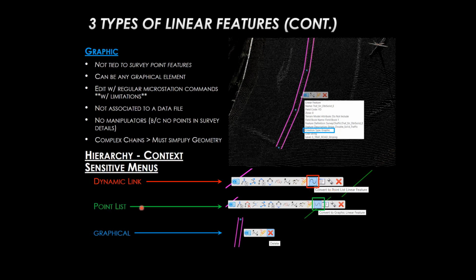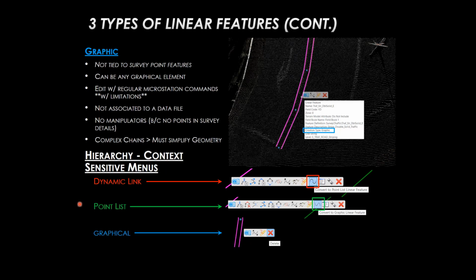If you have a pointless feature, you can then convert that pointless feature to a graphic linear feature, which you likely won't do very often. And if you have a graphical feature in your survey fieldbook, your options are very limited. You could pretty much just transpose it or switch directions. So you cannot take a graphical element back up to a pointless feature or dynamic link feature.